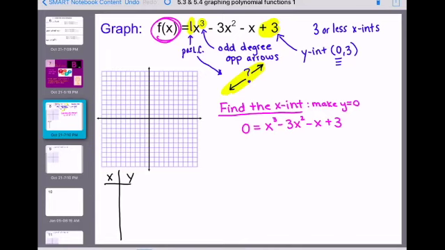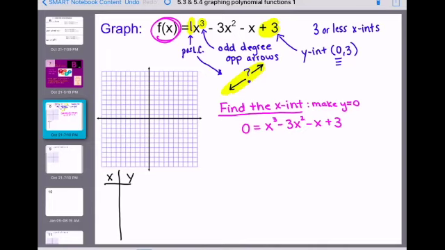How do you solve? Well, that's going to change from question to question, depending on what polynomial you have in front of you. Here are some choices of how to solve. If it's a quadratic, you've got quadratic formula, double bubble, completing the square, square root method. If it's bigger than a quadratic, you've got quadratic form questions.